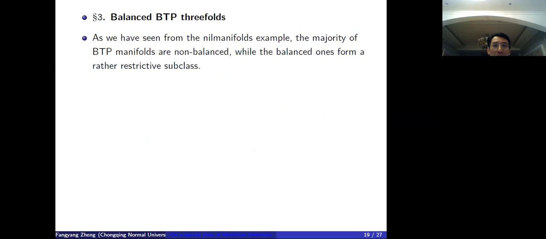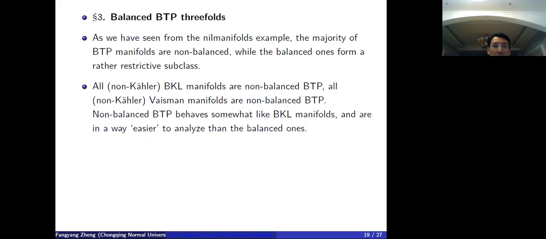Okay, so in the third part, we focus on threefolds. Especially we're interested in understanding the balanced ones, because for non-balanced ones, remember you have this special direction that is in the kernel of the curvature.